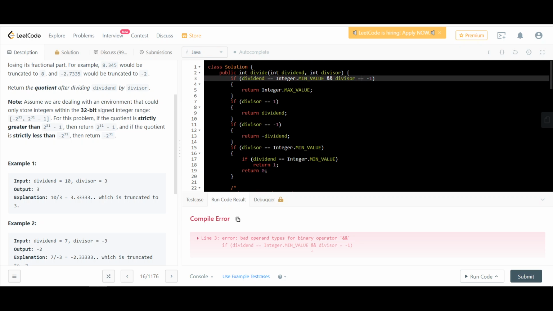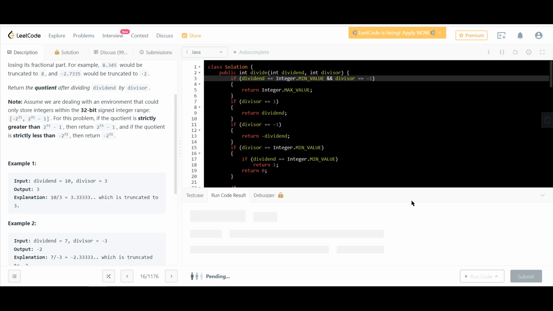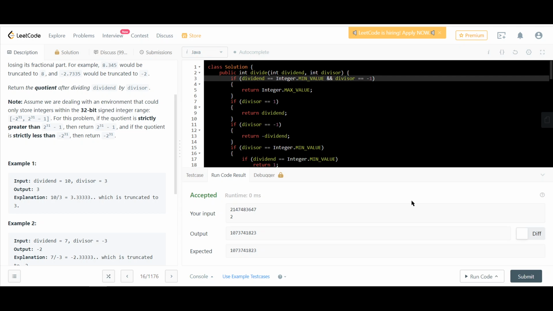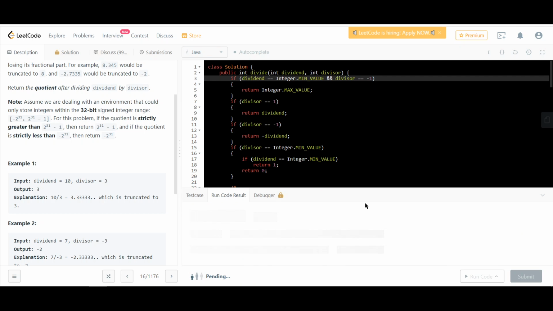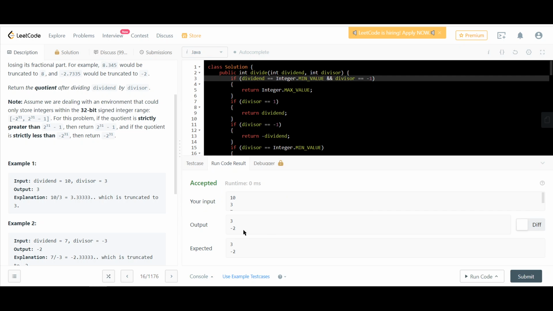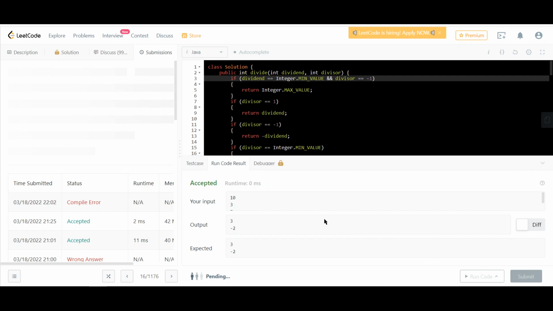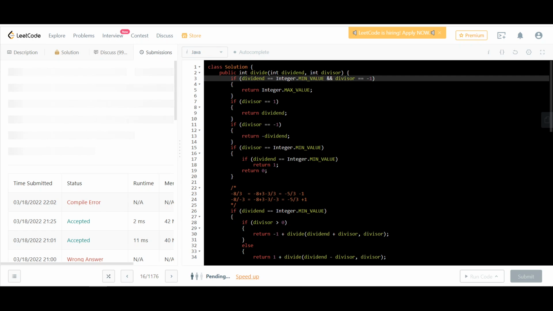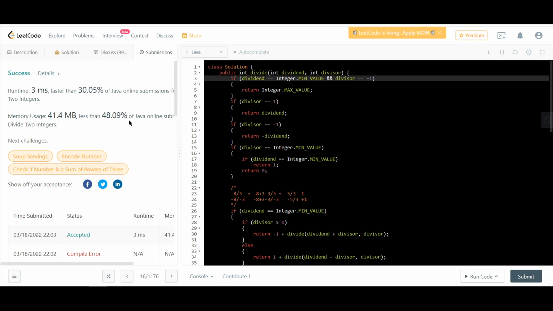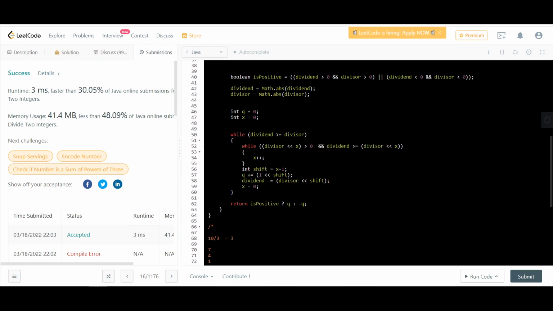You cannot assign, fair enough. Run code. Okay, let's run other test cases. Alright, this works, and submit. Alright, so it works. So that's the thing.